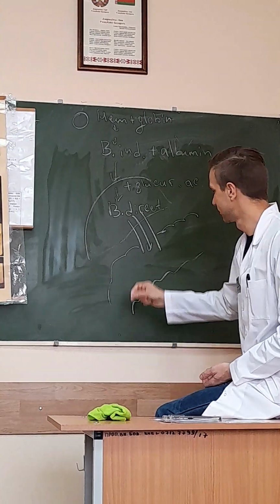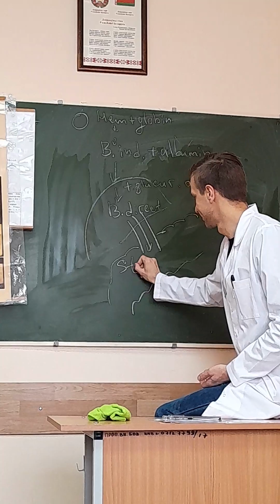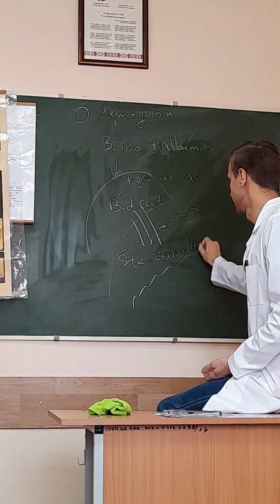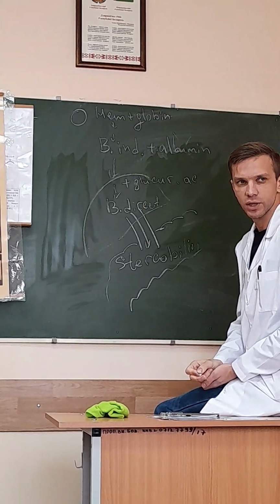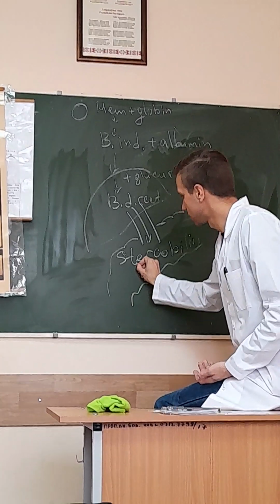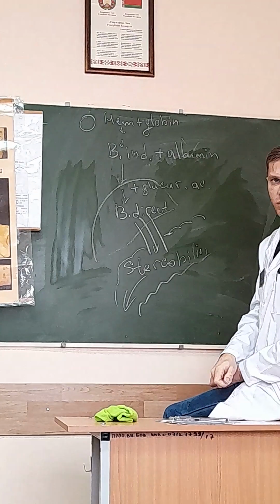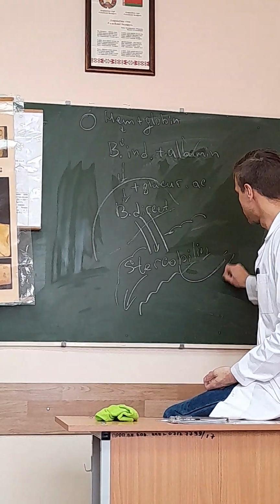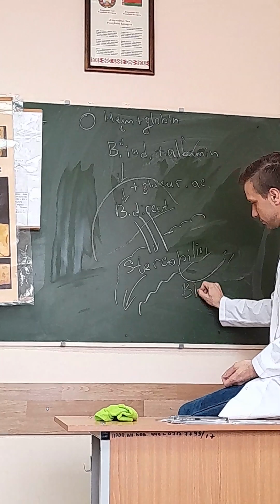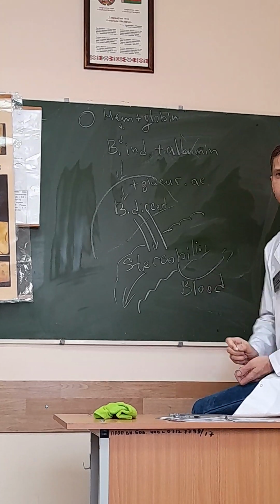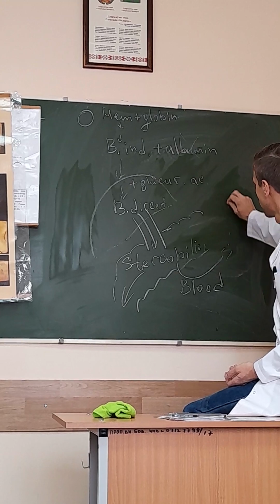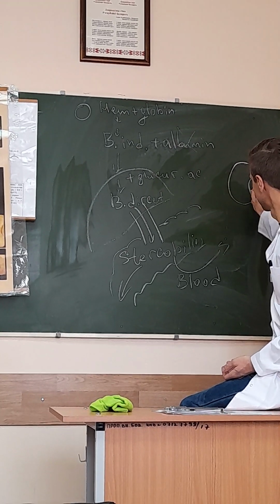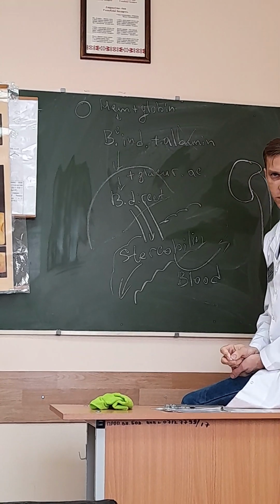How? Stercobilin. Stercobilin makes a brown color of feces, and it will have to be removed with the feces. But part of stercobilin will be absorbed to the blood, and this stercobilin will go to the kidneys and will be removed with the urine.